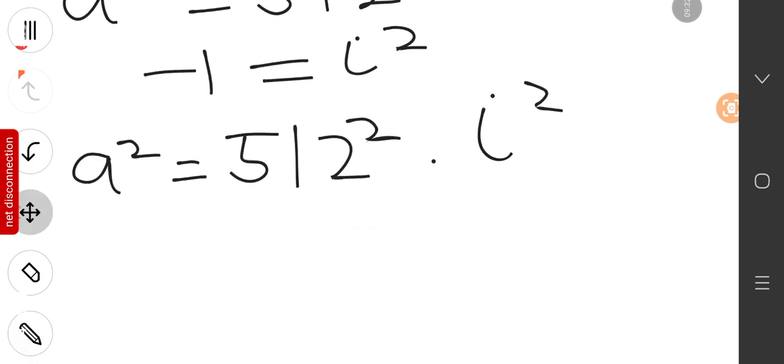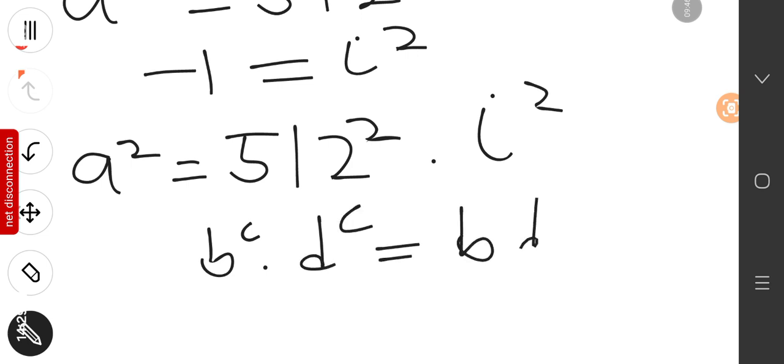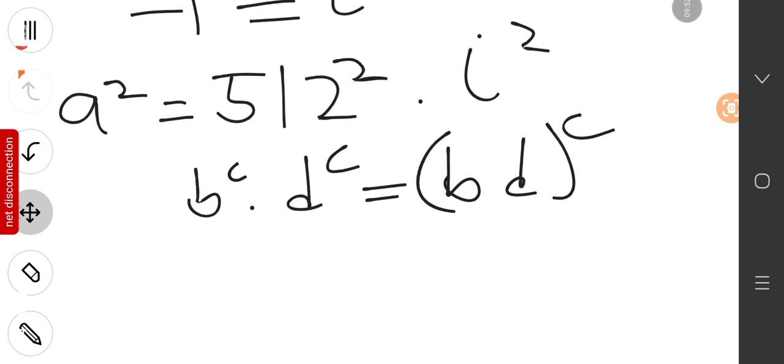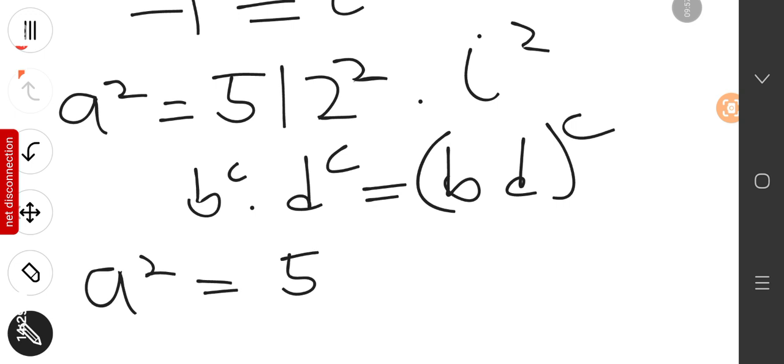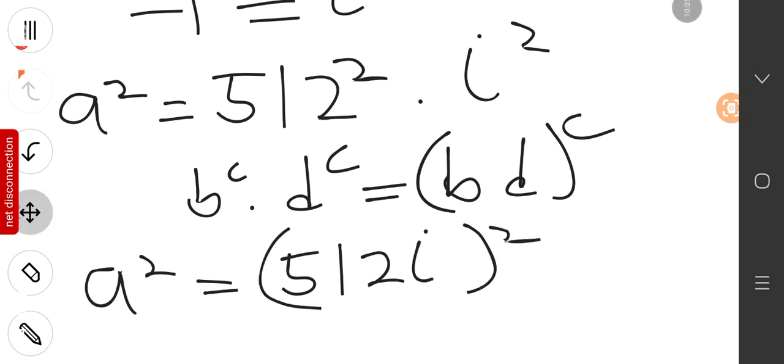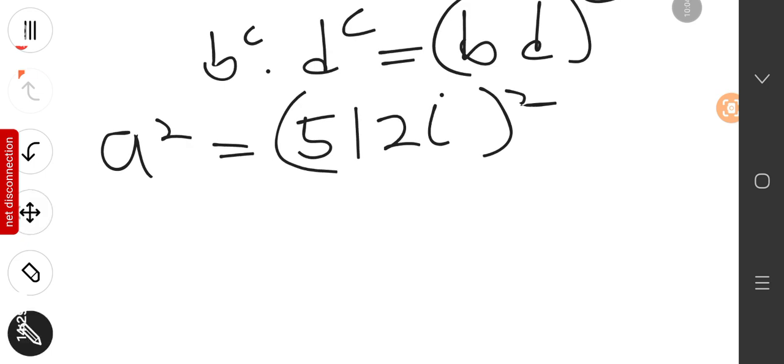Now let's state the product to a power rule of indices. If you have b exponent c times d exponent c, this is equal to bd all exponent c. Now let's apply this concept to the right part of our equation. So we're going to have a squared equals 512i all squared. Now let's make a the subject of the relation.